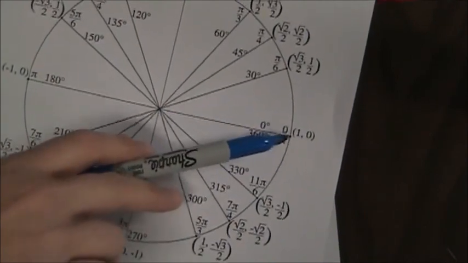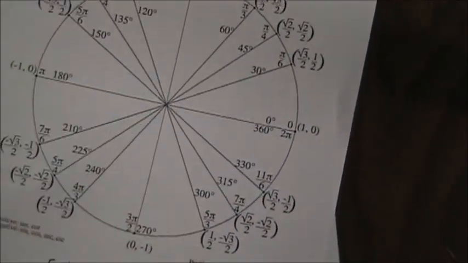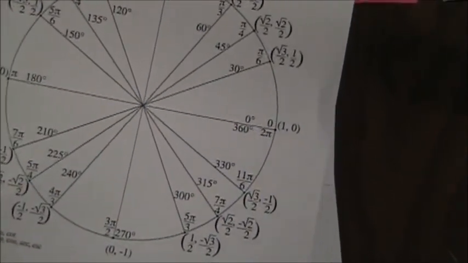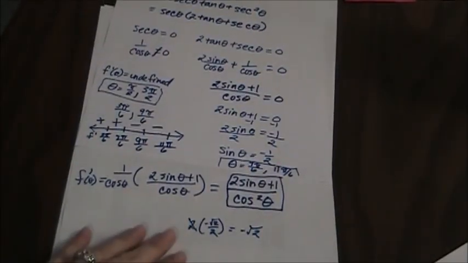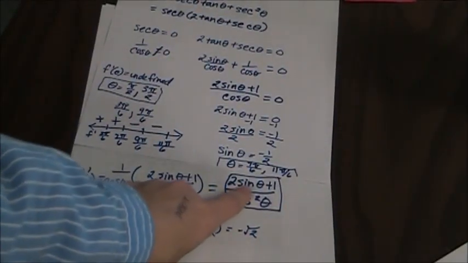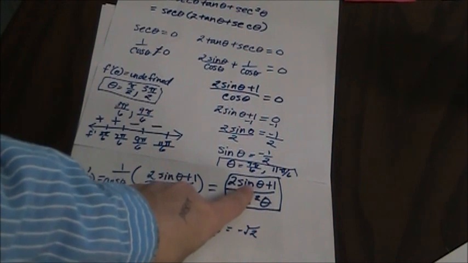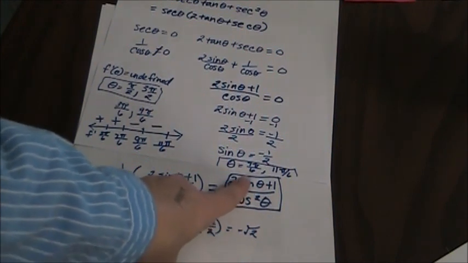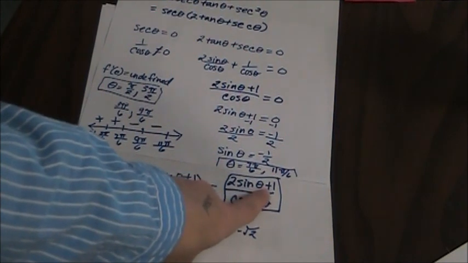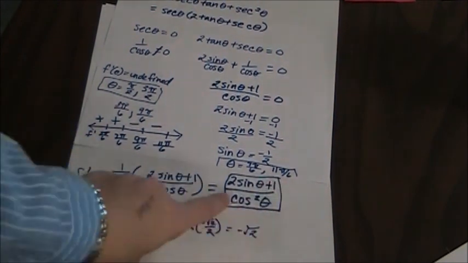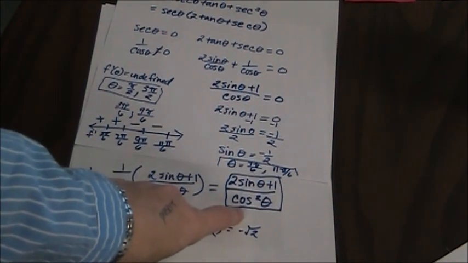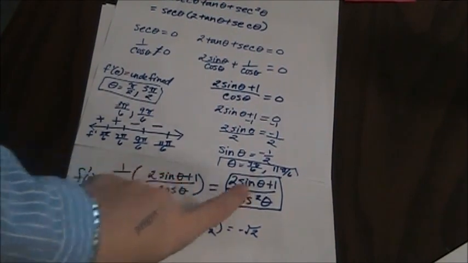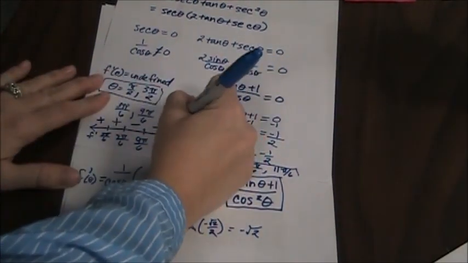A value that's between 0 and negative 1/2 is negative 1/4. So if I look at my quotient here, if sine of theta equaled negative 1/4, 2 times negative 1/4 would be negative 1/2. And negative 1/2 plus 1 is a positive. And then the denominator will always be positive. So positive over positive gives me positive.